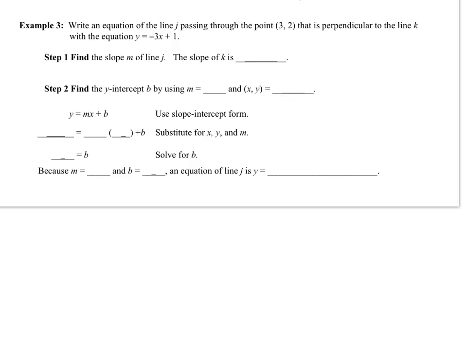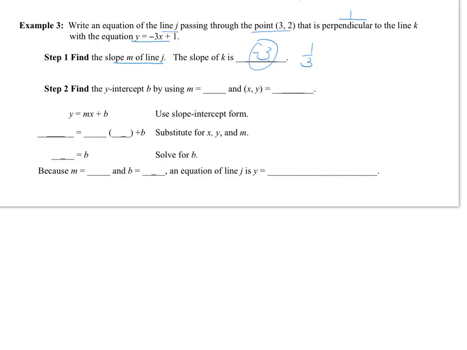Now example 3, write an equation of the line J passing through the point (3, 2) that is perpendicular to the line K with the equation y equals negative 3x plus 1. The slope of K is negative 3. To find the slope of line J, you take the negative reciprocal of negative 3, which is 1/3.